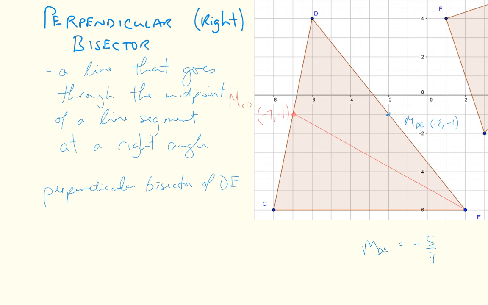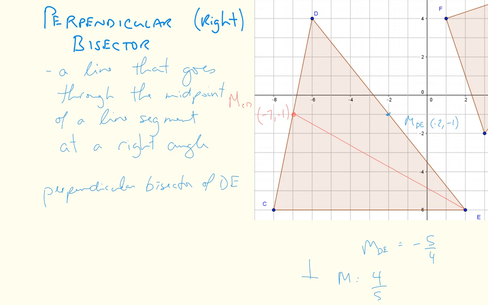Now, my perpendicular bisector is going to go through here at something like this, at a right angle, right? Now, if I want to be really accurate, I know that it's going to have a perpendicular slope to that. So the slope of my line is going to be the negative reciprocal. It's going to have a slope of 4/5.